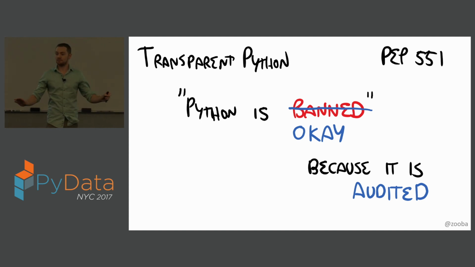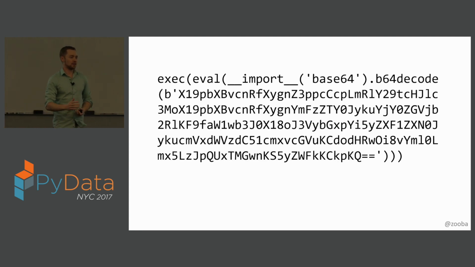We don't have to just outright ban it. As a developer who works in Python, you don't want Python to be banned because you want to be able to write production code in it. You want all the benefits of being able to work in Python, which means you need to get the system administrators on side so they're willing to let you do that and not take a stand in the name of security and say you cannot use Python on these production machines.